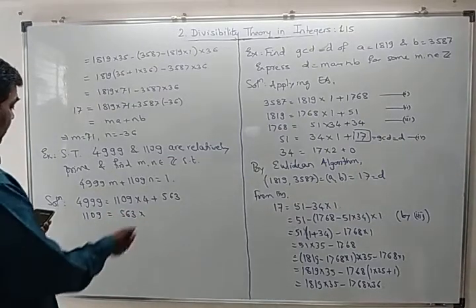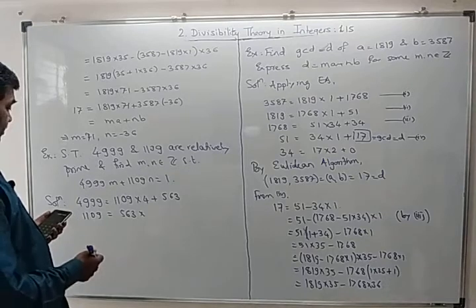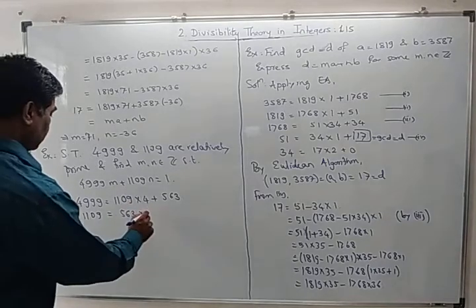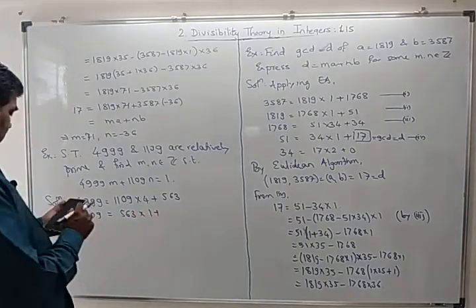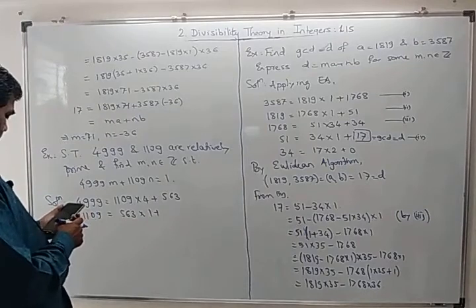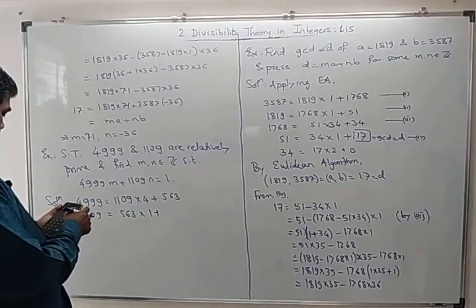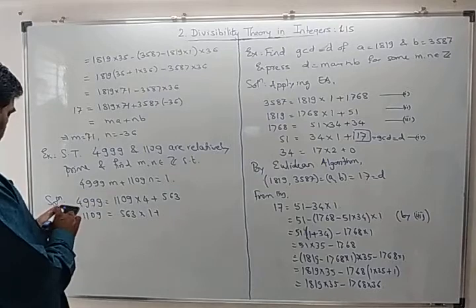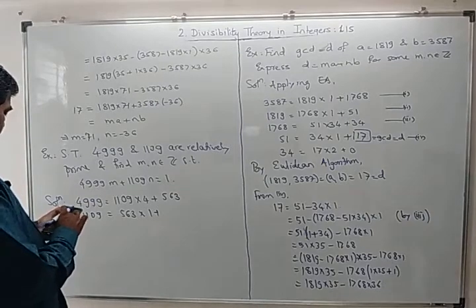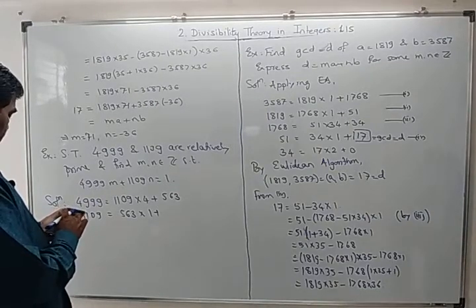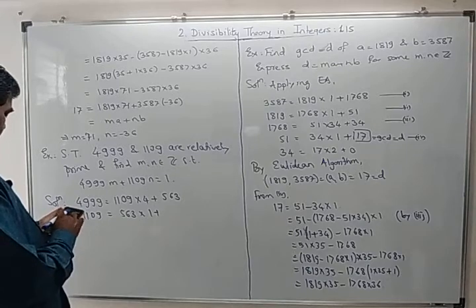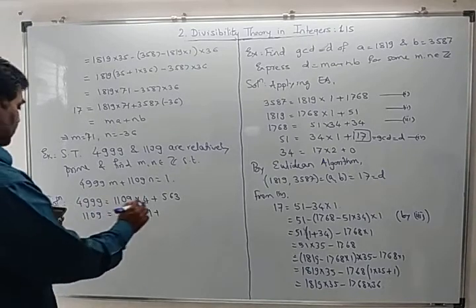If I multiply it by 2, it becomes greater than 1109, so 1109 divided by 563 we will get 1.